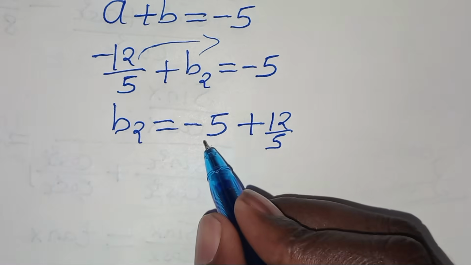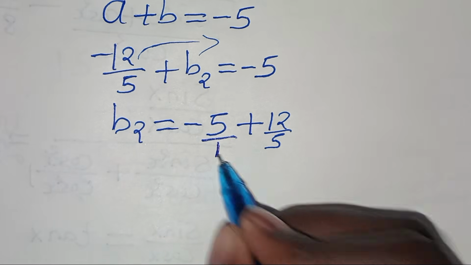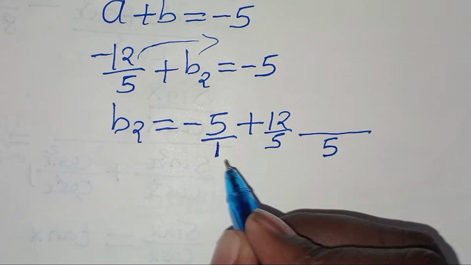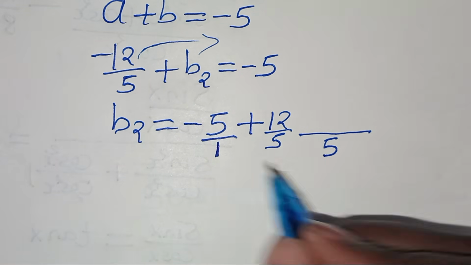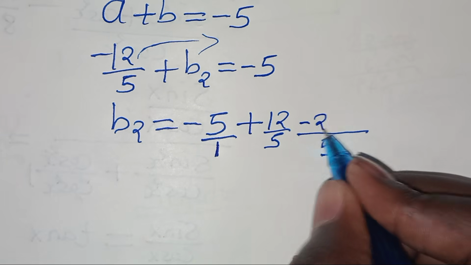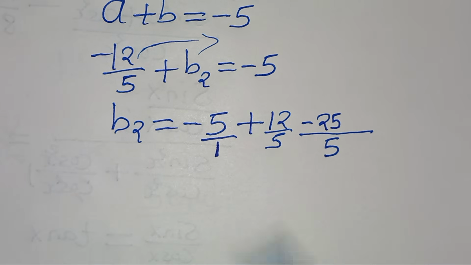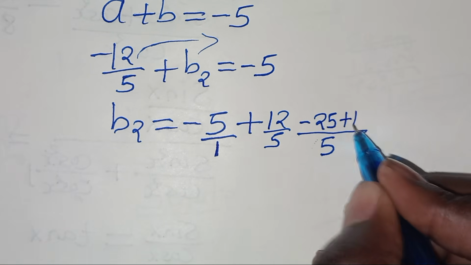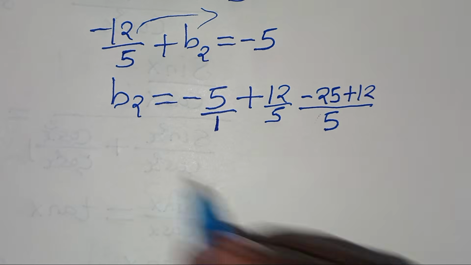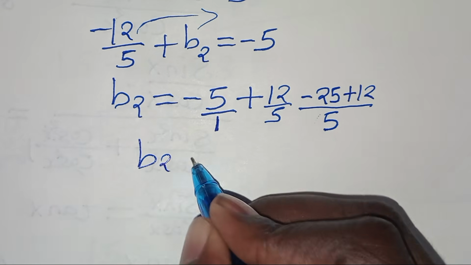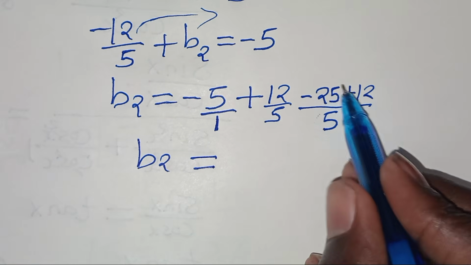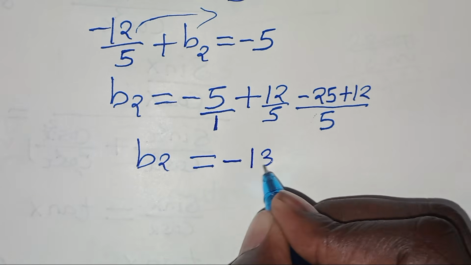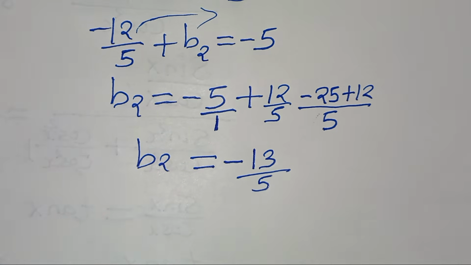Now, negative 5 is our number, so this is over 1. The LCM here is equal to 5, so 5 divided by 1 is 5 times minus 5, this is negative 25. Then 5 divided by 5 is 1 times 12, so this becomes plus 12. So we have b2 is equal to negative 25 plus 12, this becomes negative 13 over 5.